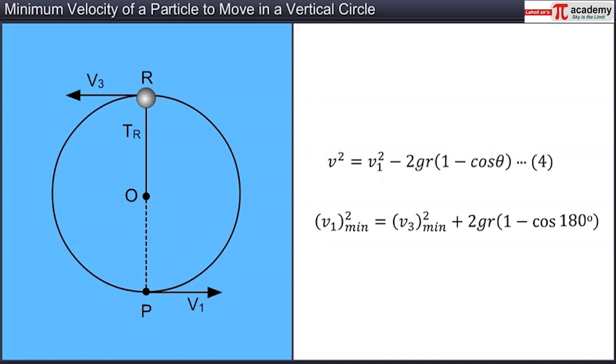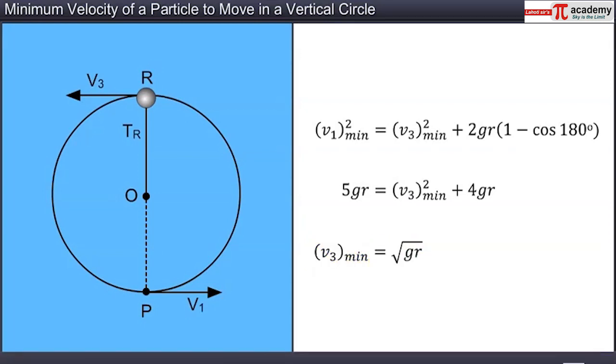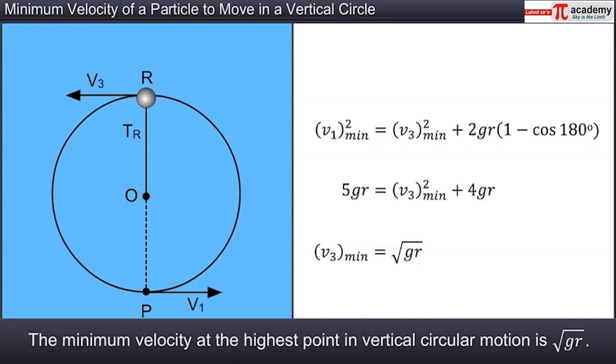At the highest point, the instantaneous velocity is v3, so v is replaced by v3 in equation 4. On solving this equation, we get v3 minimum is equal to square root gr. That is, the minimum velocity at the highest point in vertical circular motion is square root of gr.